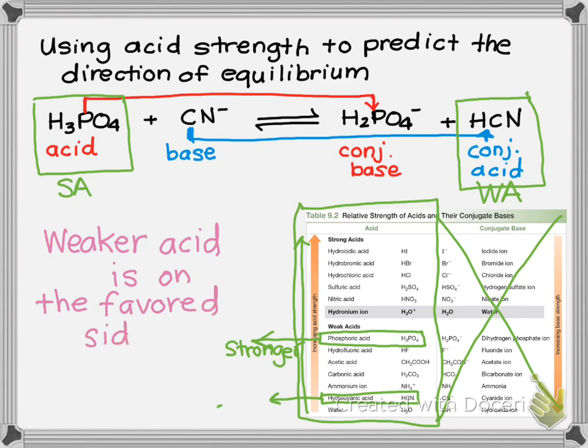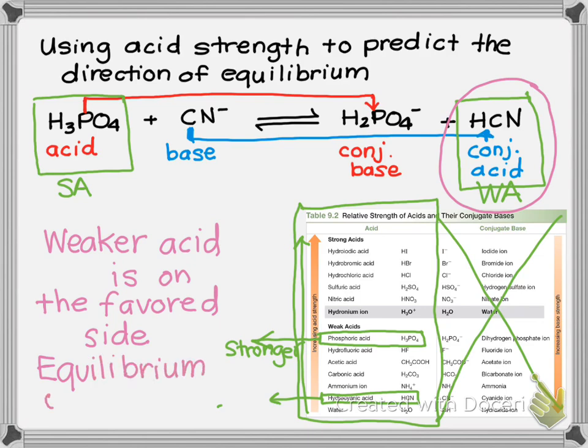So when the question asks, what is the direction of the equilibrium? This is the weaker of the two acids that we compared. So this equilibrium is on the product side. So that is the answer.